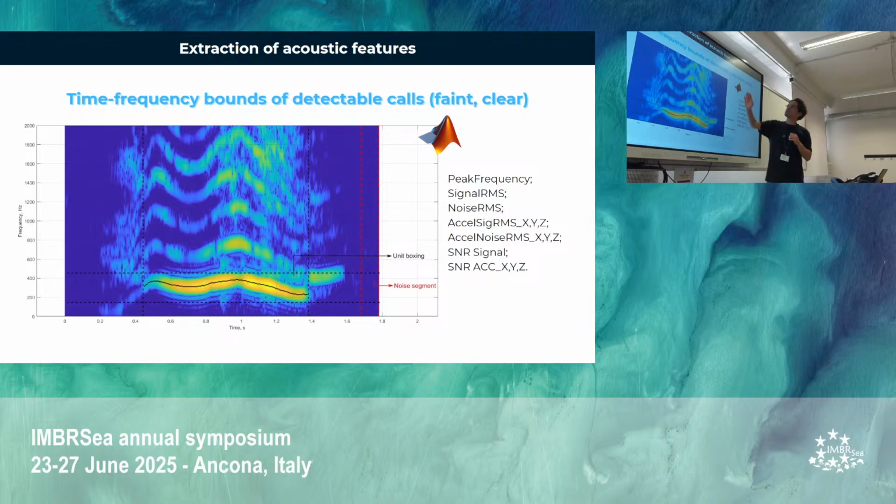What I was doing is what we call time frequency bounding. We basically put this square on the unit, and we used a code in MATLAB to extract different acoustic parameters. We also have this noise segment to calculate signal to noise ratio, to see if the background noise is interfering somehow with the acoustics.